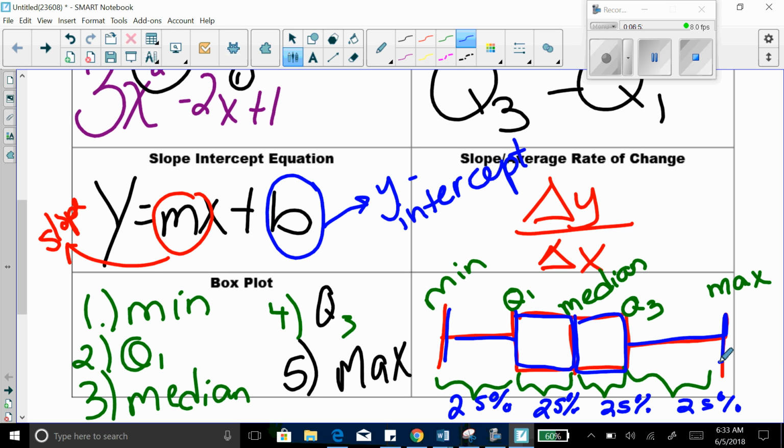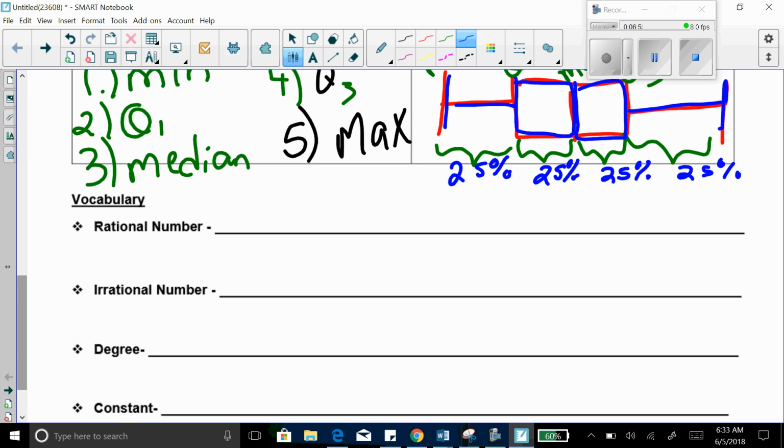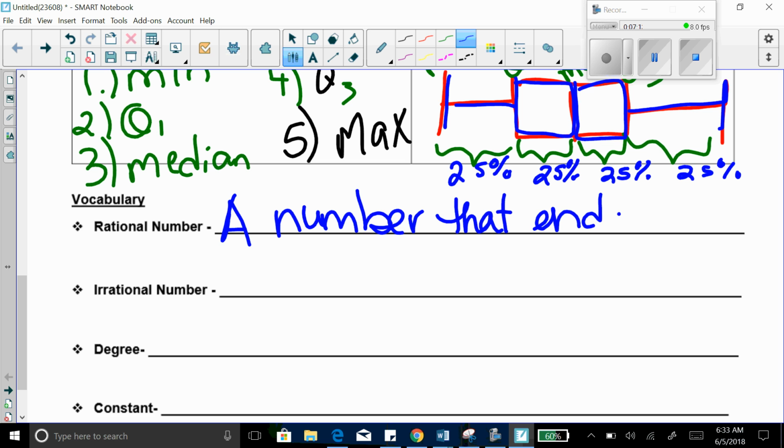All right, let's move on to some vocabulary terms that you need to know. We need to know what rational versus irrational means. A rational number is a number that ends or repeats. What we mean by repeat is that the number 4.333333333 is rational because that 3 keeps repeating.